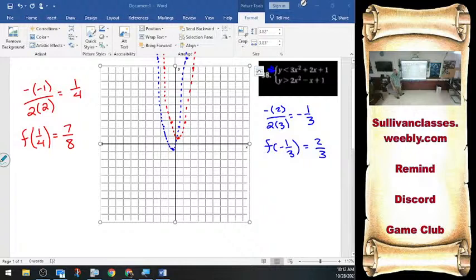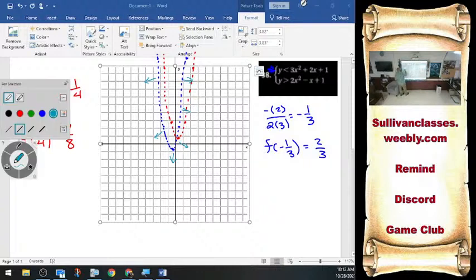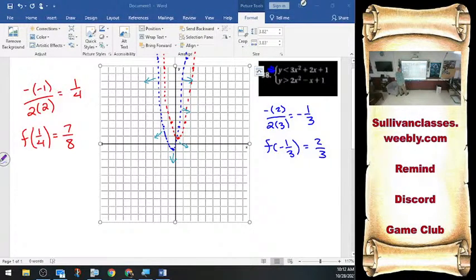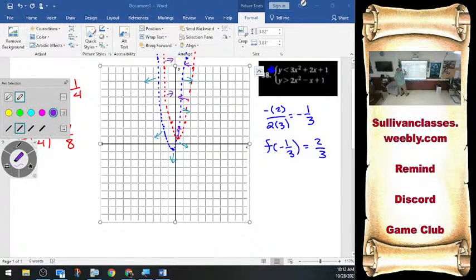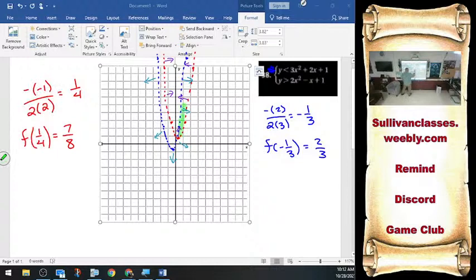If y is less than the parabola. Right? Less than the parabola. And blue says greater than the parabola, so I will go this way. And it's going to be that sliver in between. Okay? But not like that.